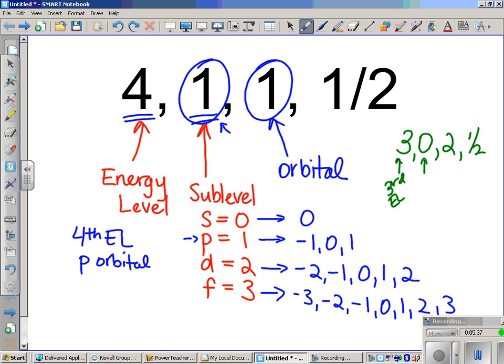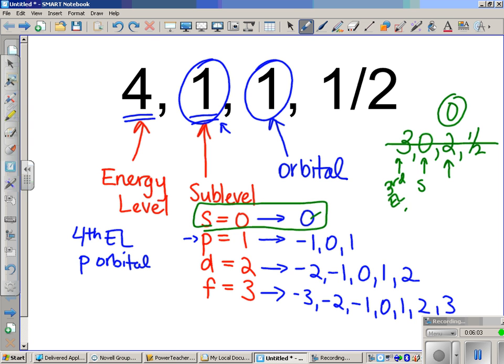The 0 is saying that it's an S-type orbital. Okay, so third energy level in the S. And this is supposed to be representing the orbital in that sublevel. But if you look back here, if we're at an S, you can't have anything but a 0 for that orbital. So that would have had to have been a 0 here, which means this quantum number set cannot even exist. It is not possible.